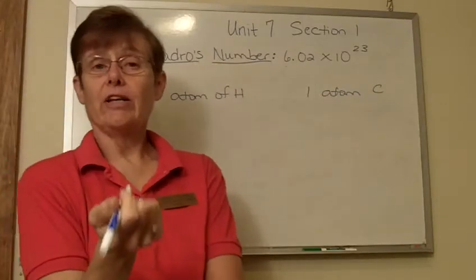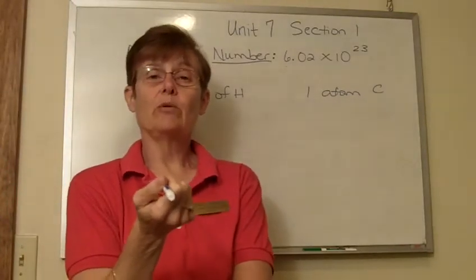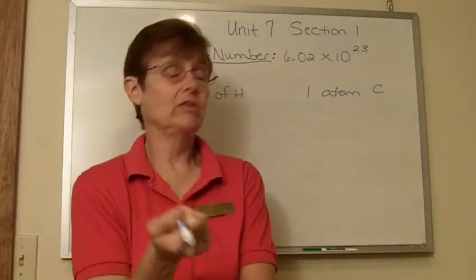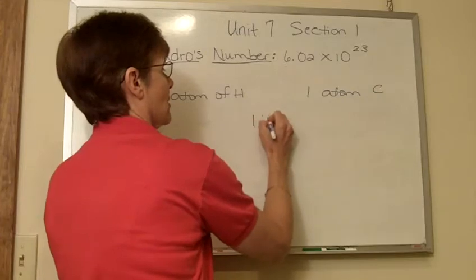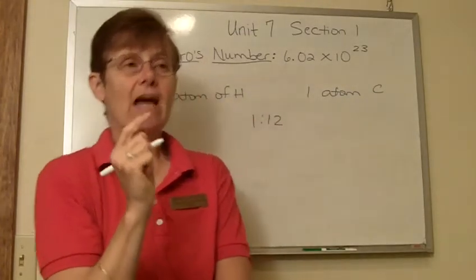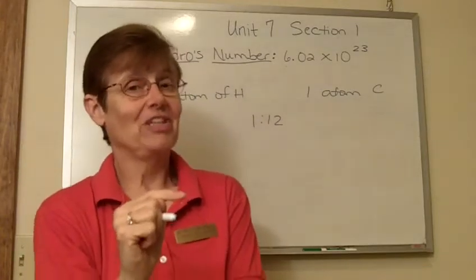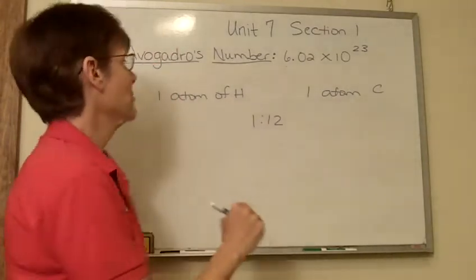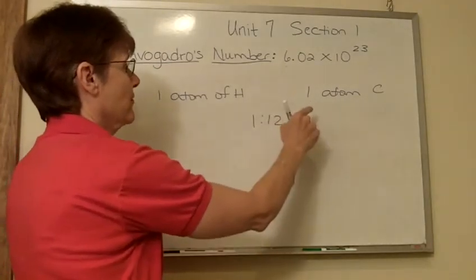If you look on your periodic table, you'll see that the atomic mass of hydrogen is 1 and the atomic mass of carbon is 12. So if we're just dealing with 1 atom of each, we have a mass ratio of 1 to 12. Now think with me logically and say, well, what if I had 2 atoms of each? Well, that would make this 2, and that would make this 24.